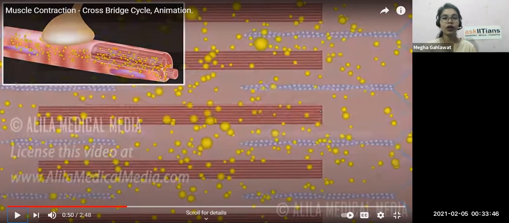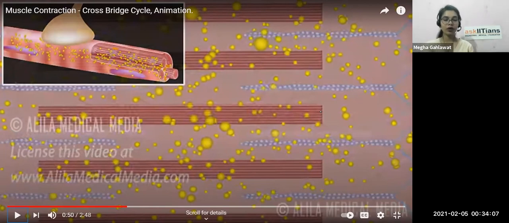Moving forward, we just have the filaments sliding over each other like this, and that is how the muscles contract, and we just relax. When we relax, the filaments slide off each other. Everything is stimulated whenever there is calcium flow into the body.